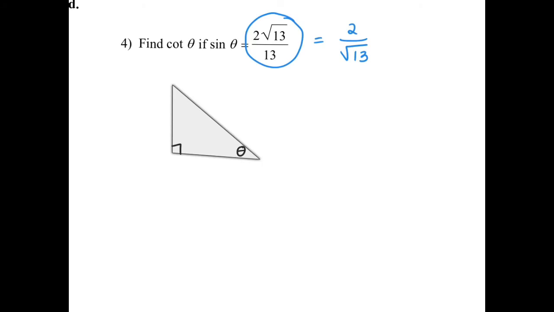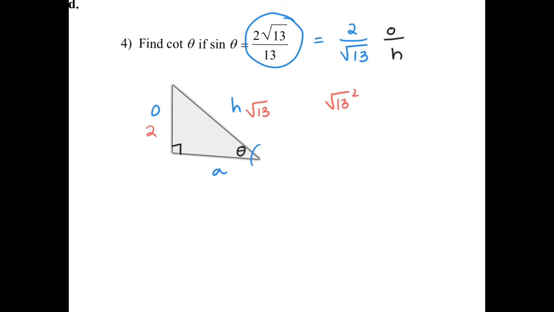They're giving me sine, and sine is opposite over hypotenuse. So from this angle, I have opposite, adjacent, hypotenuse. I know that my opposite is 2 and my hypotenuse is root 13. To find adjacent, you're going to have to use the Pythagorean theorem. I don't know this one off the top of my head, and that's okay. So let's do the work in red.